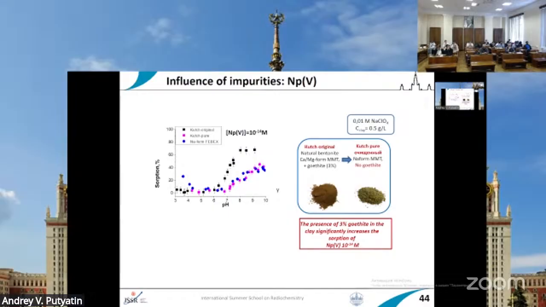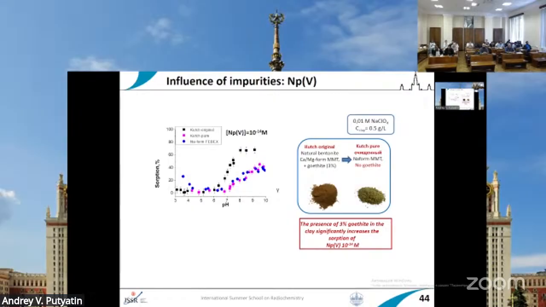You can see the very large decrease in sorption, and the reason was that during purification the goethite was removed, which was only 3% in the original clay. That was even difficult to analyze by X-ray diffraction, because 3% is, let's say, the limit for X-ray diffraction analysis. We didn't see it in the beginning.